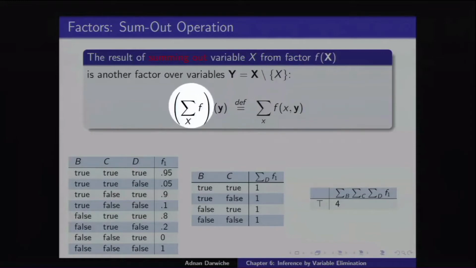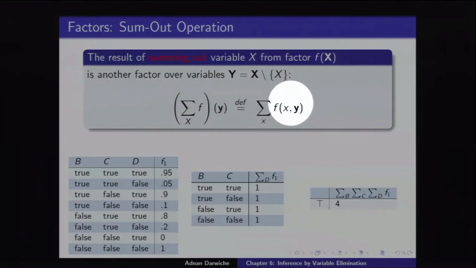Here's the notation we're going to use. You're going to see this a lot next. I'm summing out the variable X from the factor f. Think of this as a table, but now it's a table over the variables Y. So it's meaningful to write this. What does this assign to the instantiation small y? And here's the formal definition.